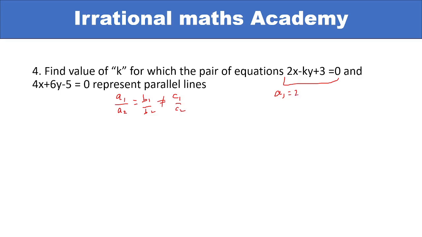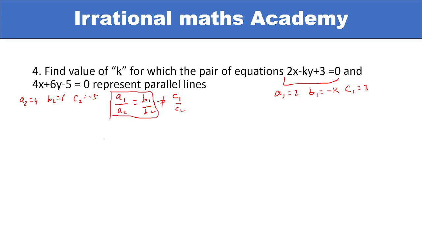A1 value is 2, B1 value is minus k, and C1 value is 3. Here A2 value is 4, B2 value is 6, and C2 value is minus 5.